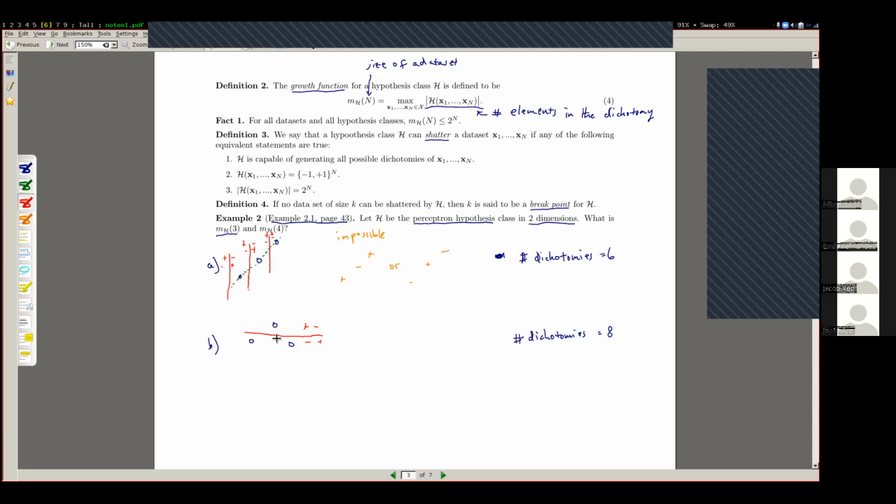And since there's 3 points here and 2 possibilities per point, the total number of possible labelings that I can get is 2 to the 3rd, which is 8. And so the total number of dichotomies here is 8 between these 3 points.